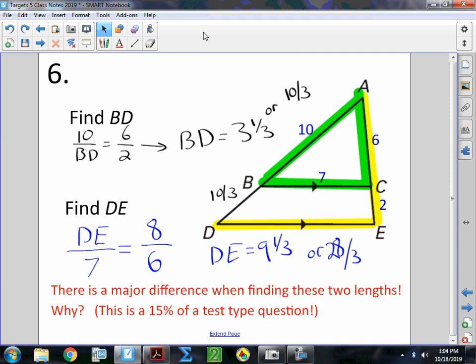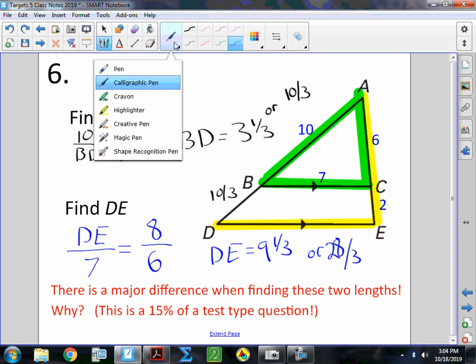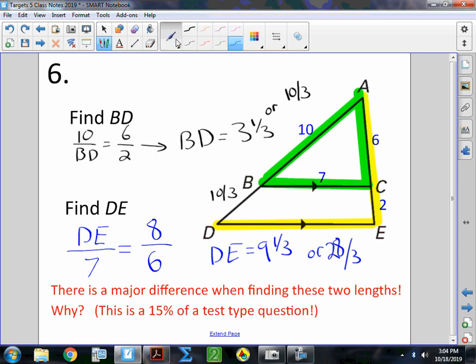So you will have a problem just like number 6, where we test you to see if you know the difference between finding BD, which was simply a part of a bigger side. BD was not a side length of a triangle. It's the side of a trapezoid. So can you tell the difference between finding a part of a bigger side length, BD, or finding the side length of a triangle, like DE?